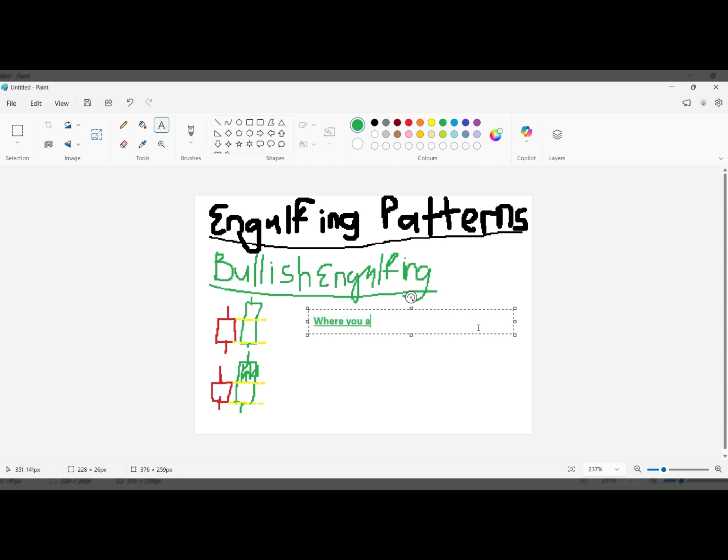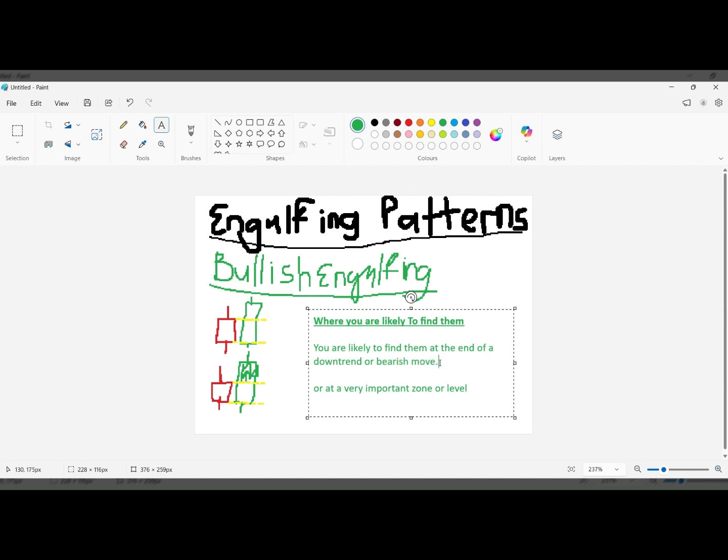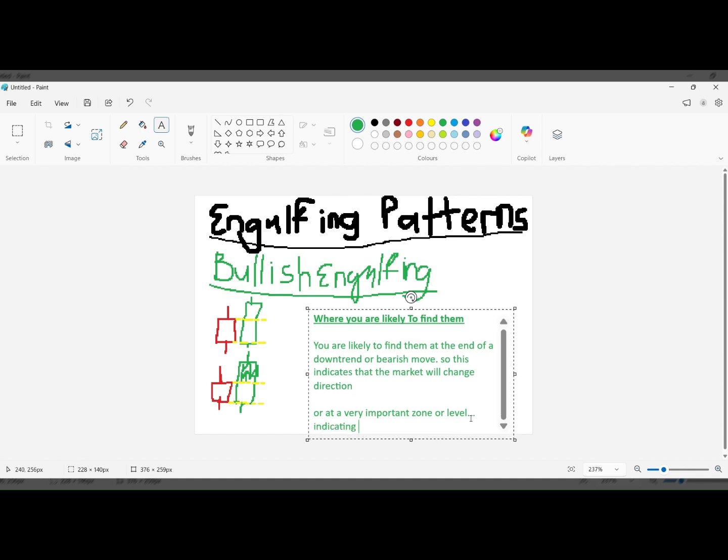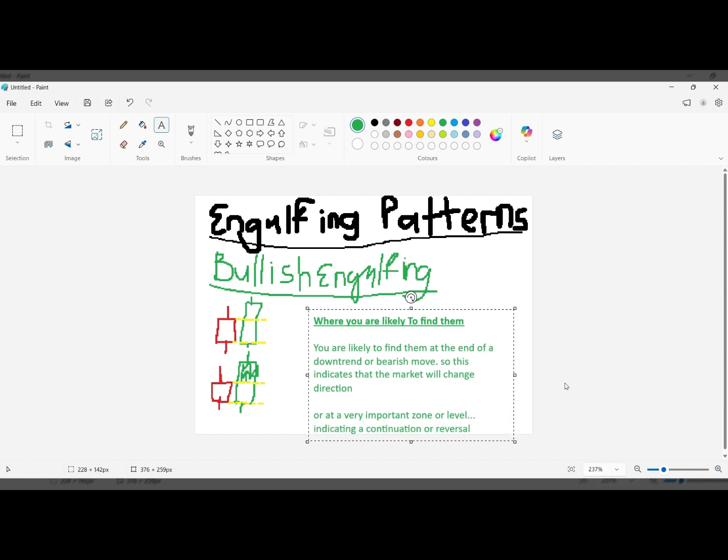Where would you likely find them? You are likely to find them at the end of a trend or a bearish movement going down, or at a very important zone or level. The first represents that the market might change direction, and the other, at a special zone or key level, represents a continuation or a reversal.